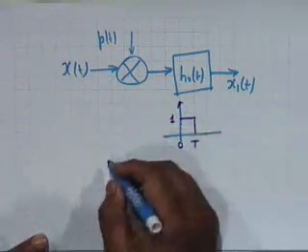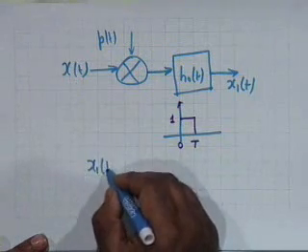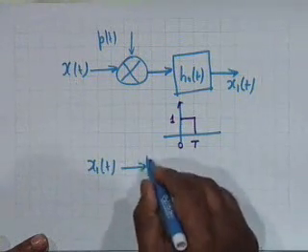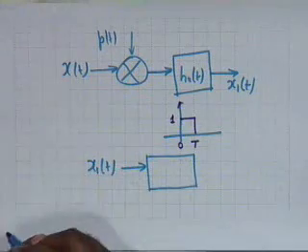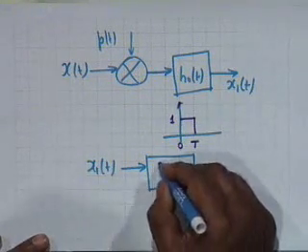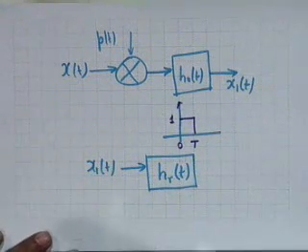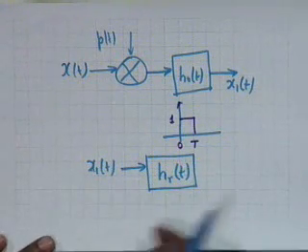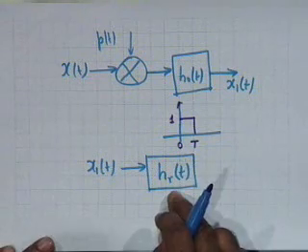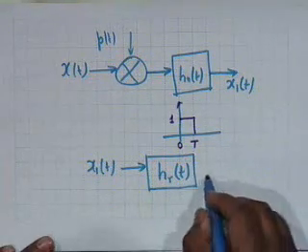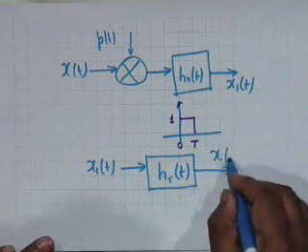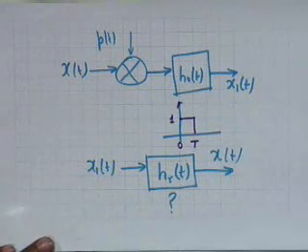The question now is, from x1 of t, is it possible to pass this signal through another linear system, let us say HR of t, where the subscript R stands for recovery, that is the impulse response of the recovery system, such that the output is x of t? Is this possible?